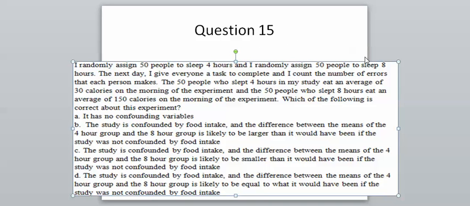and the two groups are different on something else besides my independent variable. The two groups are also eating different amounts of food, which means that food intake becomes a confounding variable.